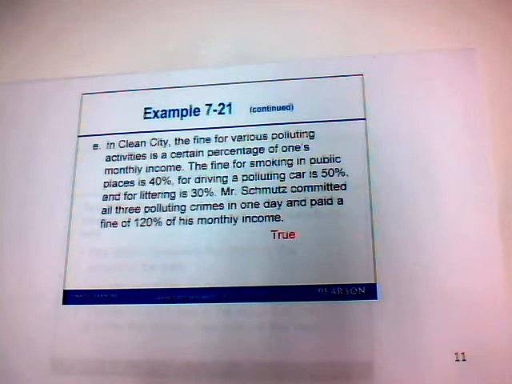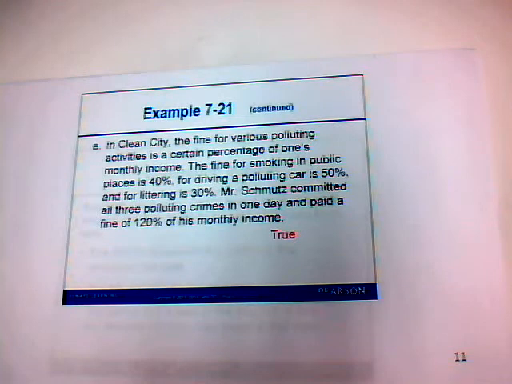And then in Clean City, the fine for various polluting activities is a certain percentage of one's monthly income. The fine for smoking in public places is 40%. For driving a polluting car is 50%. And for littering is 30%.